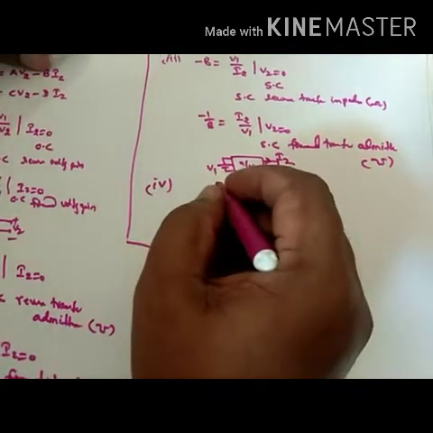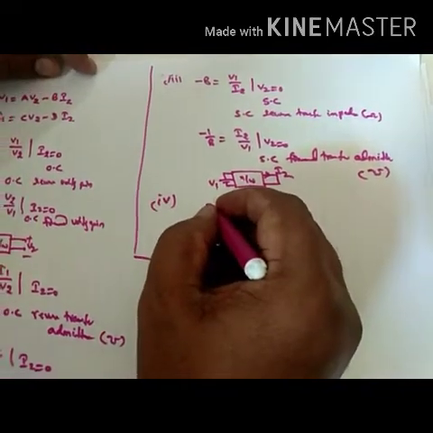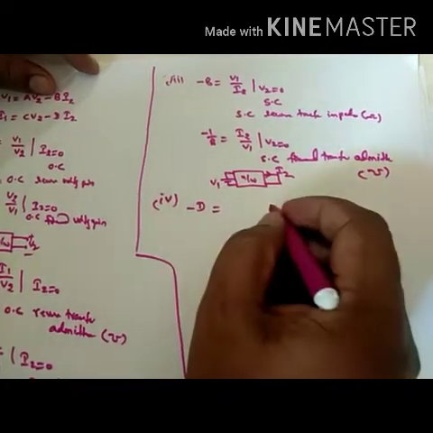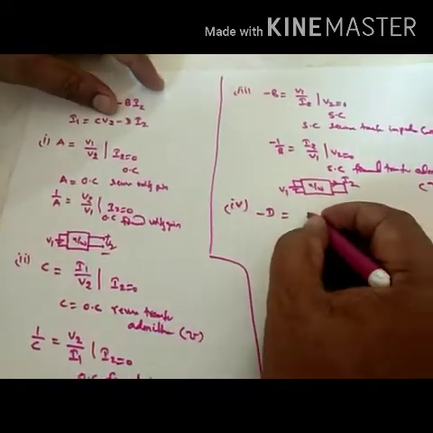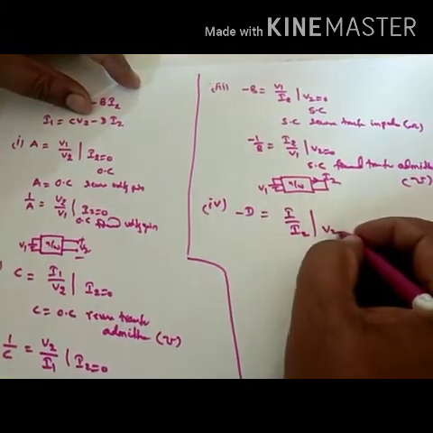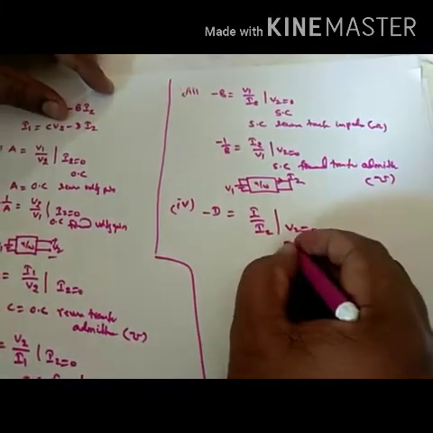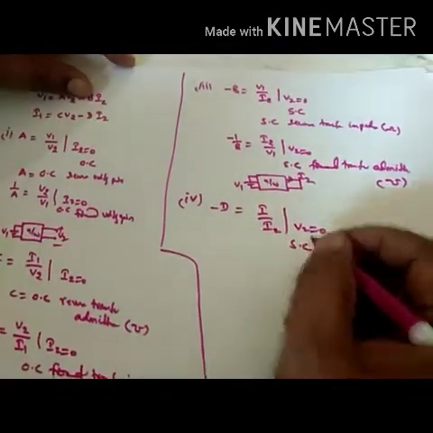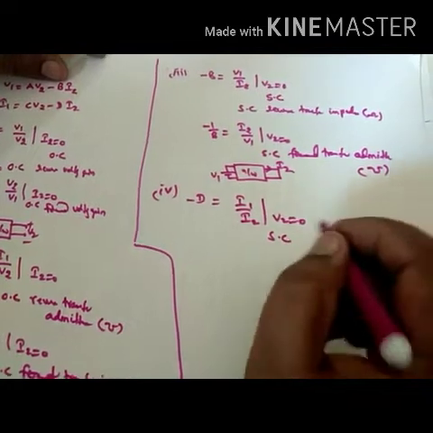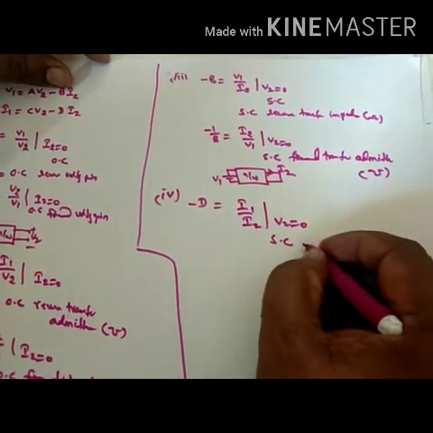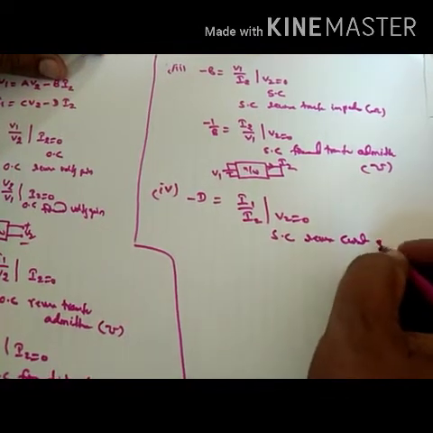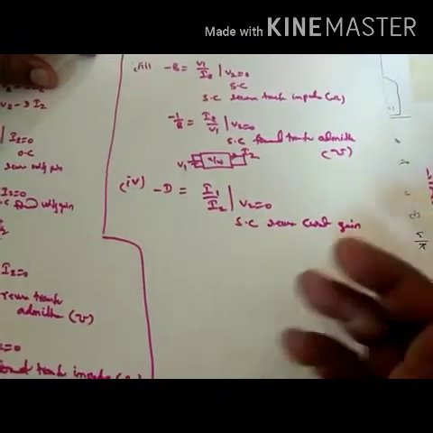So the fourth parameter, it is D. Minus D is equal to I1 by I2 when V2 is equal to 0. That is short circuit. Okay, input by output, it is a current gain, reverse current gain.